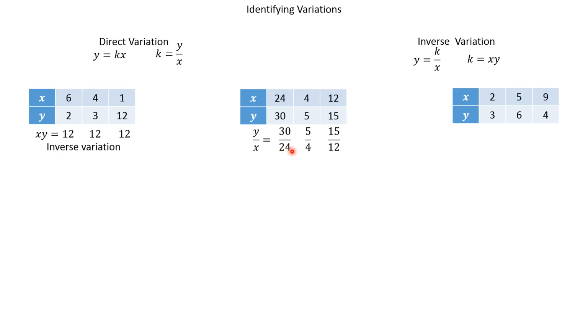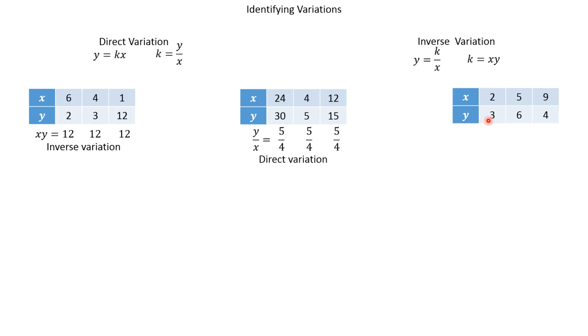And then we can reduce these. 30 and 24 can be divided by 6. 5 fourths is fine. 15 over 12 can be divided by 3. And those all turn into 5 over 4. So here we have a constant ratio, which means that this one's direct variation.